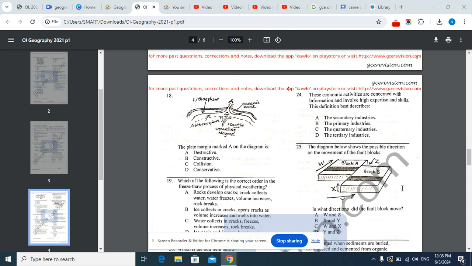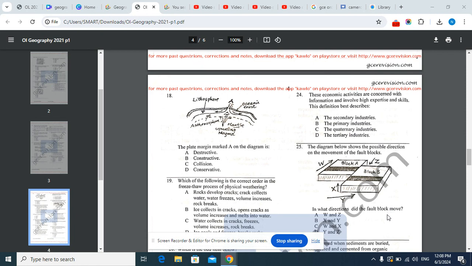The plate margin marked A on the diagram is. The answer is B. Number 19.